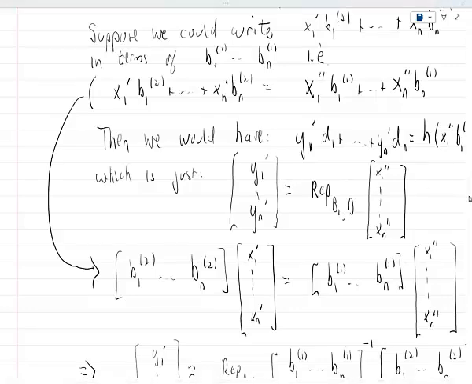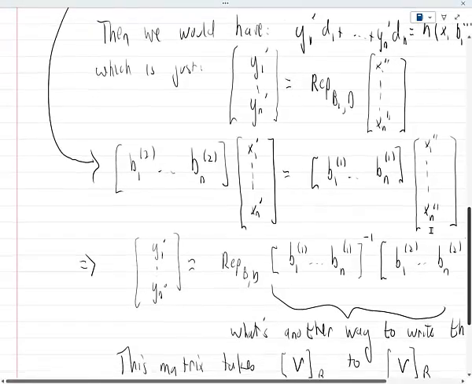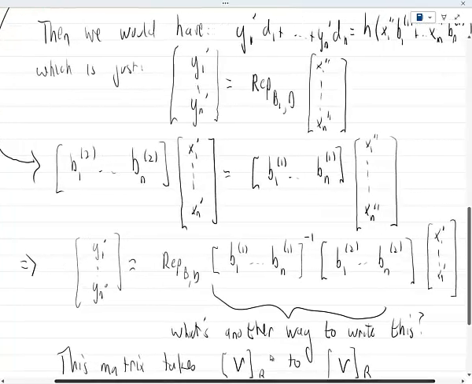But I can see right here that if I want to get the double prime coefficients from the prime coefficients, I just multiply both sides of this equation by the inverse of this matrix. So altogether, if I put those things together, I have y1 prime to yn prime equals rep B1D times this vector. This vector is equal to this inverse matrix times this matrix, and then I multiply that by x1 prime through xn prime. So this equation puts together this equation here and this equation here.